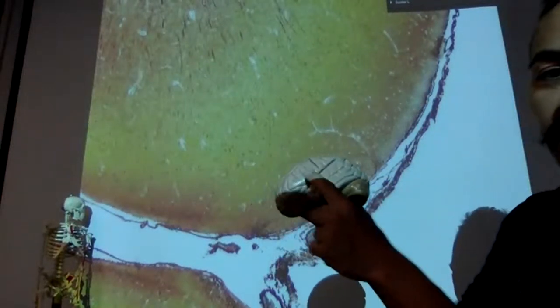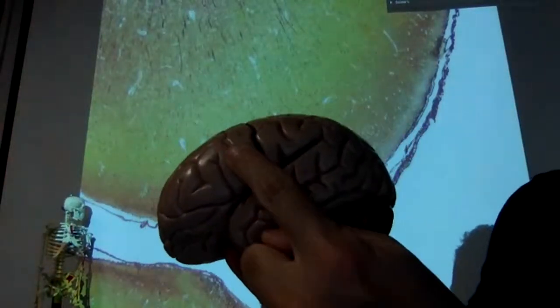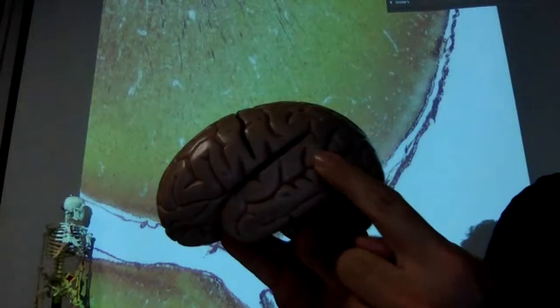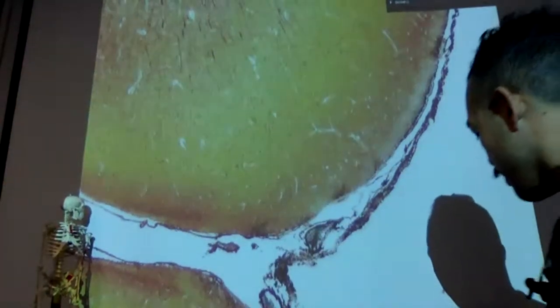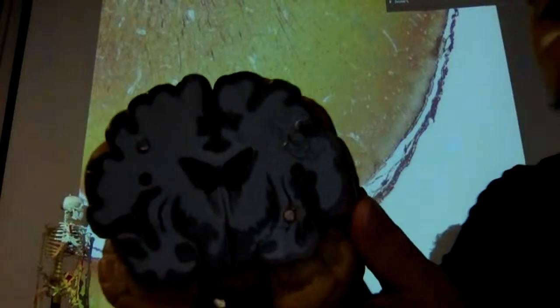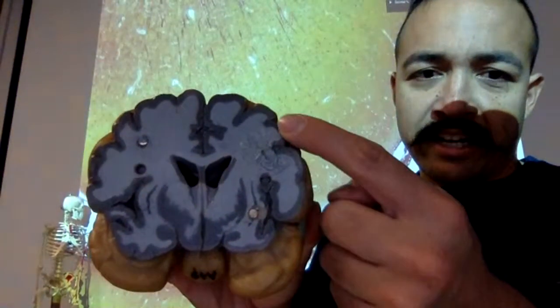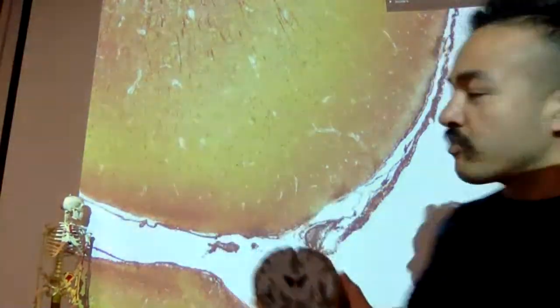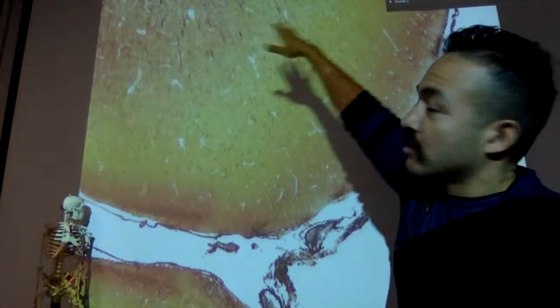It's like we're looking at the outside of one of these layers, like in this gray matter here. This is gray matter. This is gray matter. White matter would be deeper in.